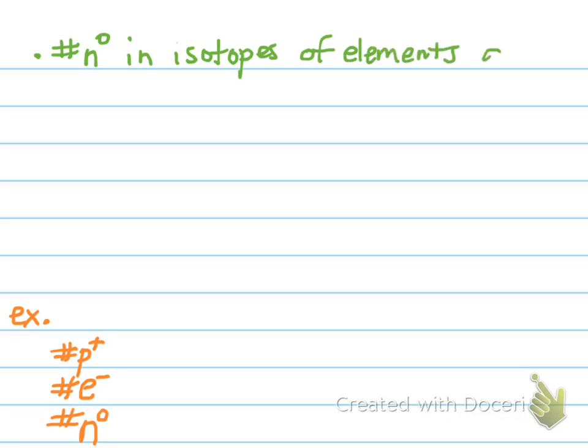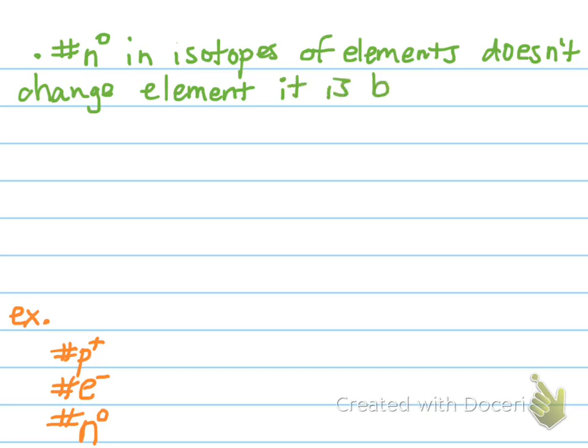Isotopes, okay. Keep in mind that the number of neutrons in isotopes of the elements doesn't change the element it is, because its atomic number, which remember is the number of protons, doesn't change.